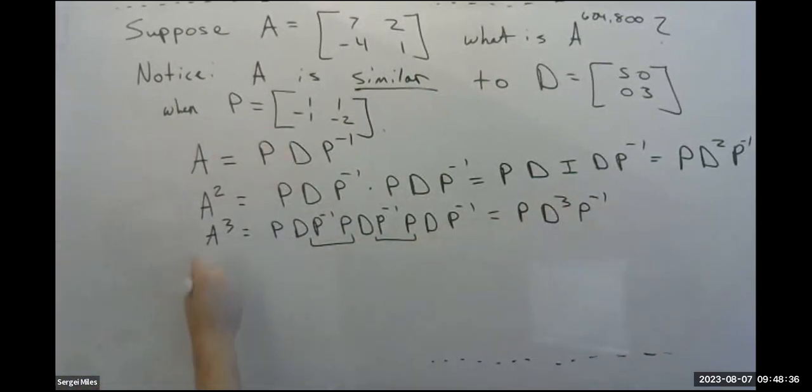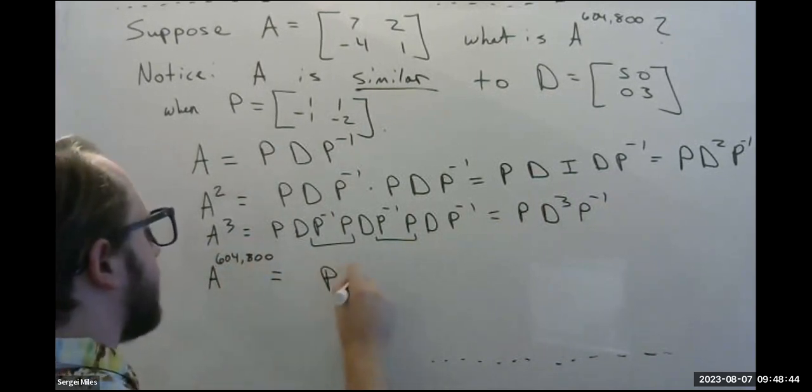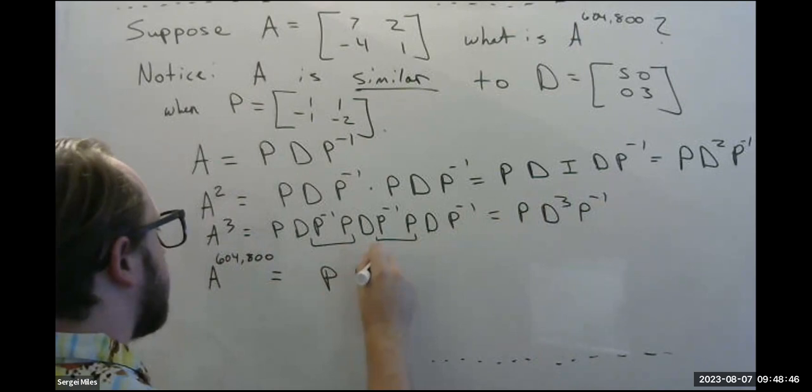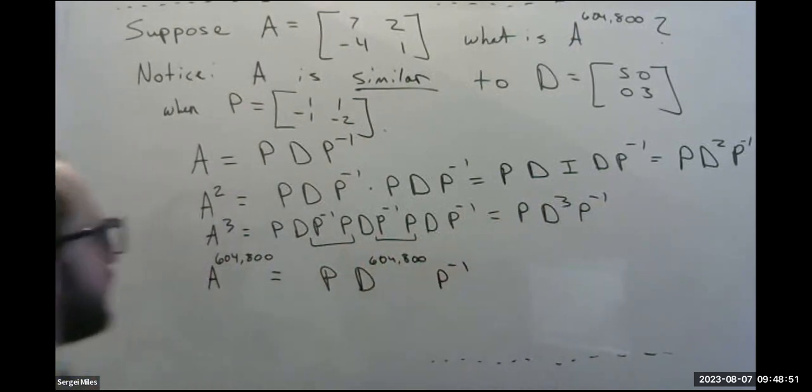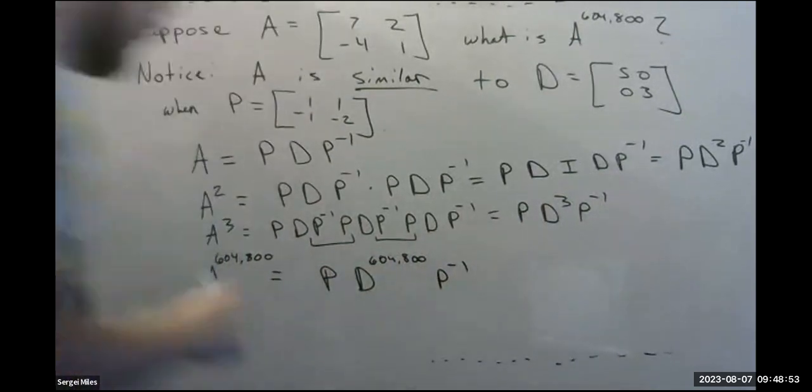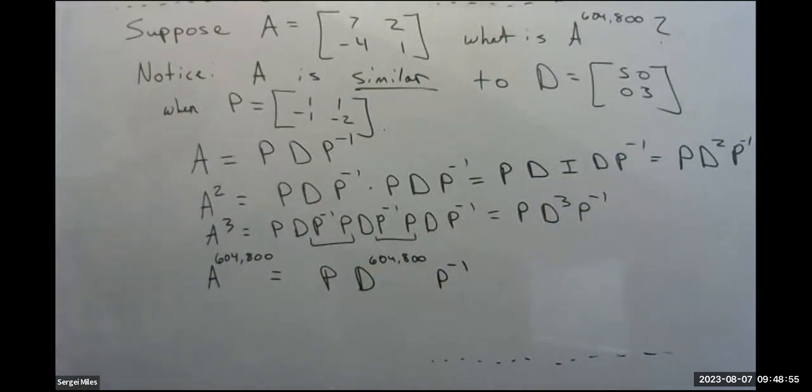So now A to any power, even A to the 604,800 power, is the same thing as P times D raised to that power times P inverse, right? So the only calculation I have to do is raising D to a power.